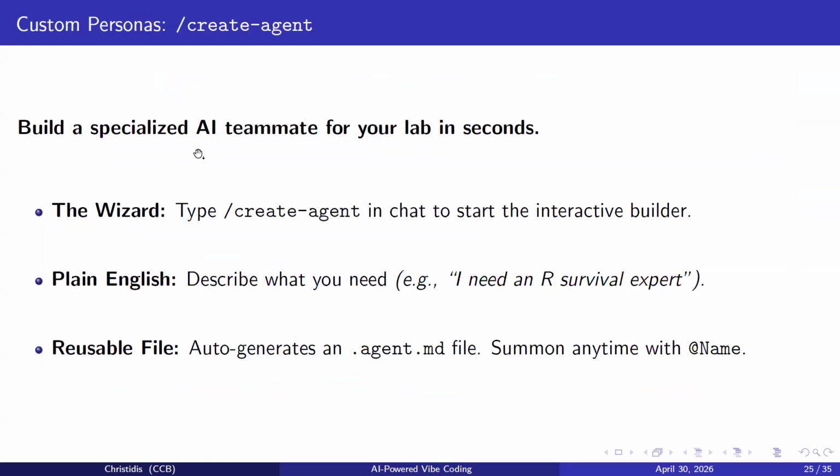And then, of course, you can also create agents. I don't know if I'll have time to show this today, but it's a very nice feature. There's an example in the GitHub repo if you want to look that up.